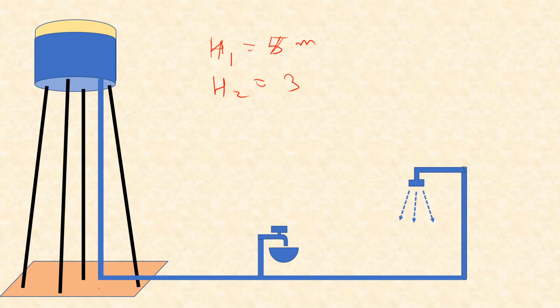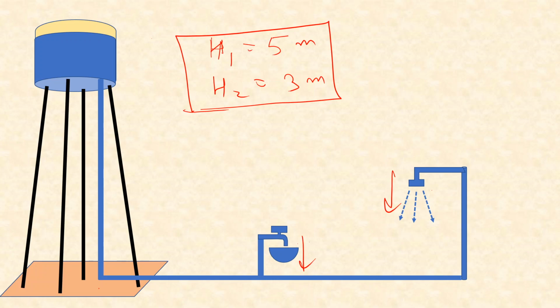H1 equal to, this was given as 1, so therefore yeah, this is 5 meter and this is 3 meter. So now you can find out this. Now you have two equations, and then you can solve for the discharges through this tap and this shower.